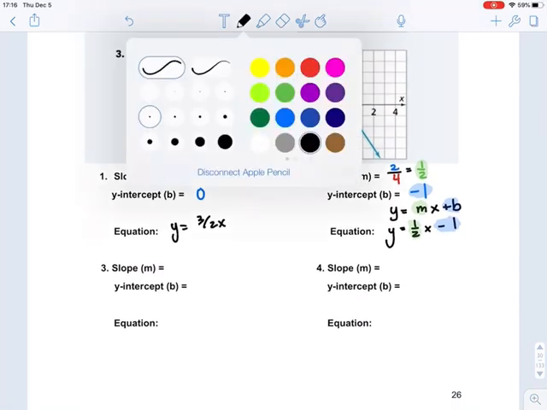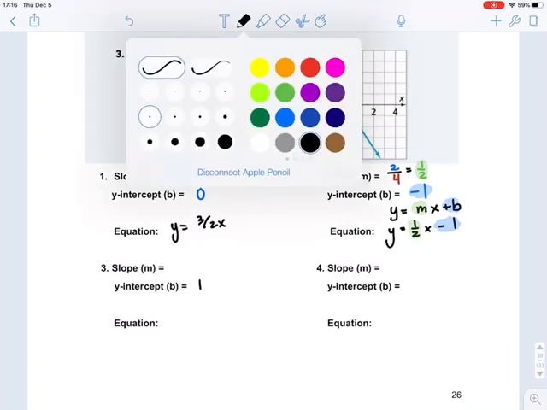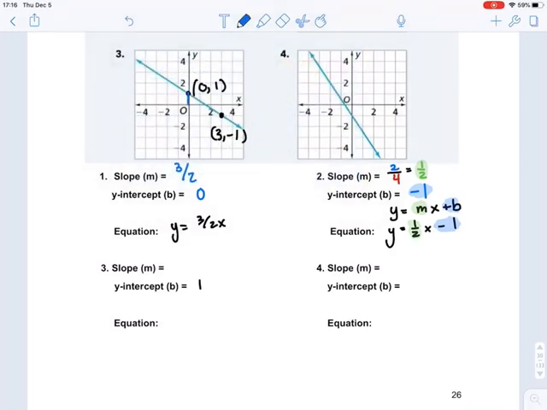Okay. The next one, I'll do the same thing. This one is 0, 1. That's my y-intercept, 1. And I'll pick another point that crosses the line. That looks good. 3, -1. So to get there, my rise, I have to go down 1, 2 spaces.